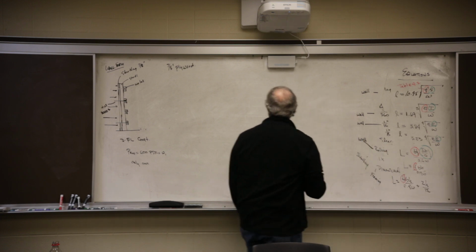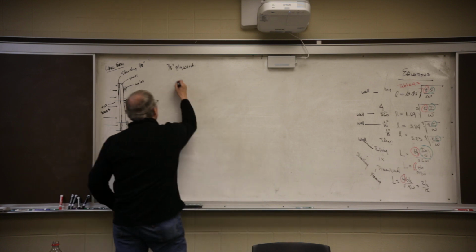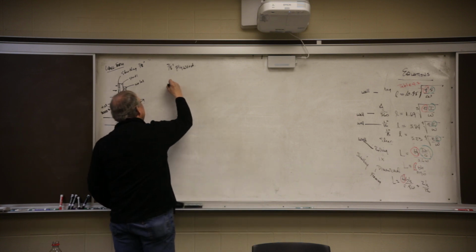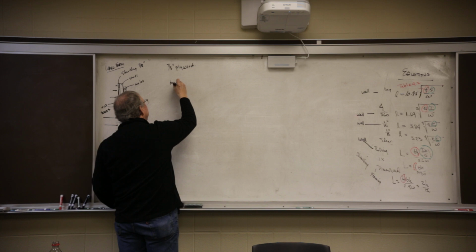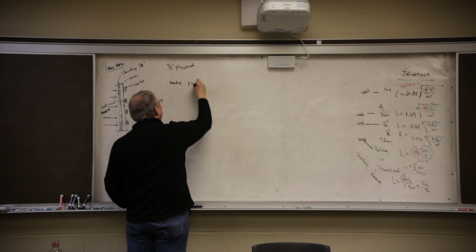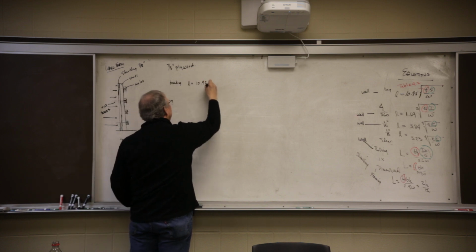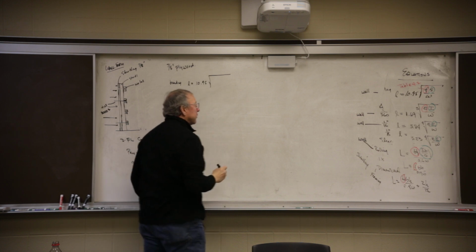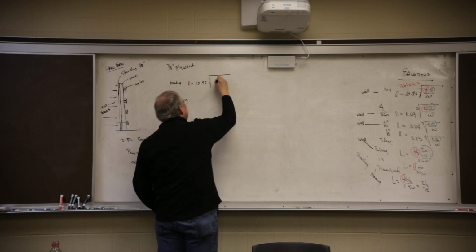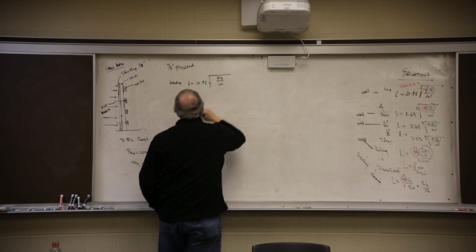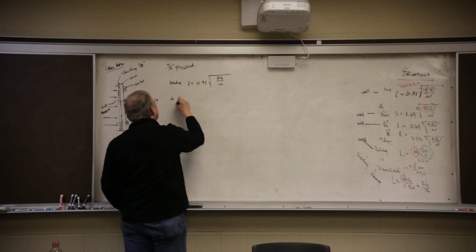Walls, plywood. So let me write them down. Plywood. I need bending: L equals the square root of Fs over W1. Delta.